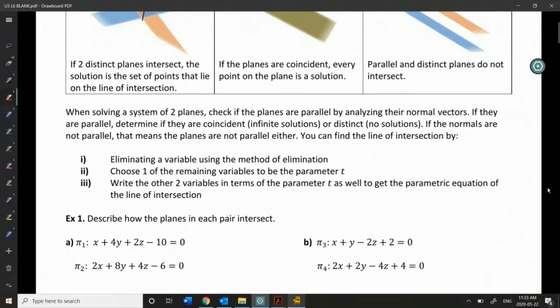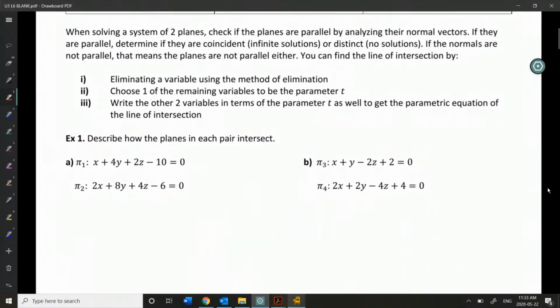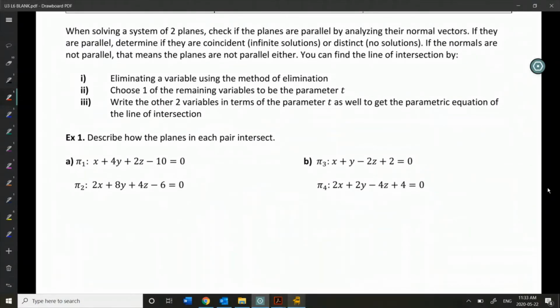So basically, when we solve a system of 2 planes, first we'll always check if the planes are parallel by looking at their normal vectors. If they're parallel, then we'll determine if they're parallel coincident or parallel distinct. If the normals aren't parallel, that means your planes are not parallel, and you're going to find a line of intersection.